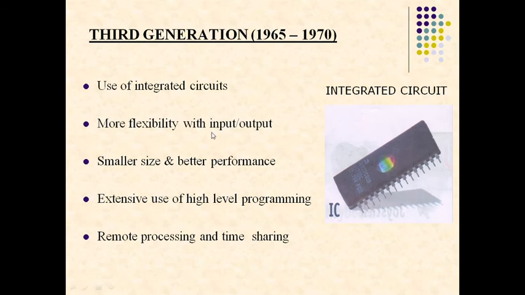The features of third generation computers are integrated circuits, more flexibility with input output, smaller size and better performance, extensive use of high level programming, remote processing and time sharing. So this is about third generation computers, which used integrated circuits.